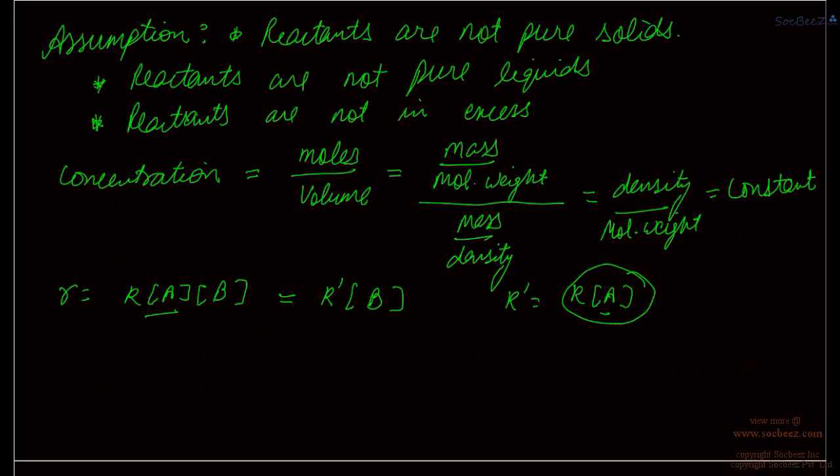So if the reactant is in excess, then whatever change in reaction takes place is not apparently affecting the concentration of A, and hence whenever any species is in excess, it is also not considered in the rate law. So in this case, order with respect to A may be interpreted as 0.